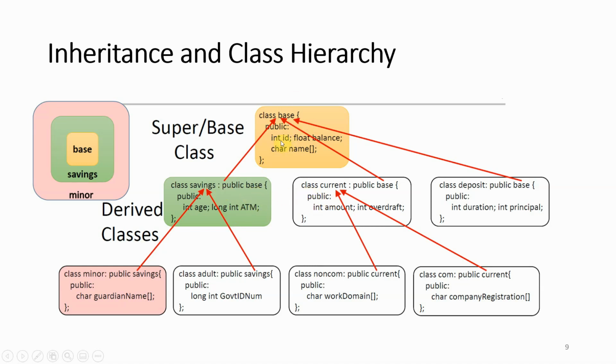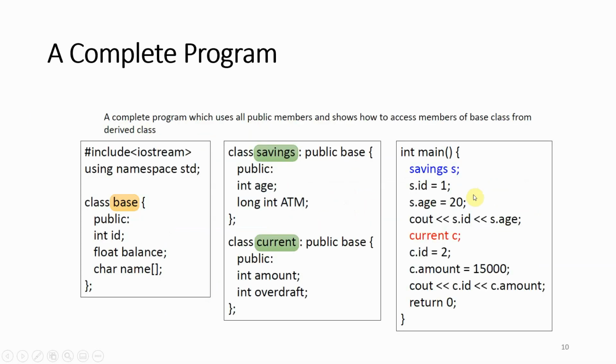They both inherit ID, balance, and name from the base, but age and ATM are specific to this one. Amount and overdraft are specific to this one. Duration and principal are specific to this class. So there's no relationship between the siblings. You can think of them as siblings, right? There's no relationship between them.